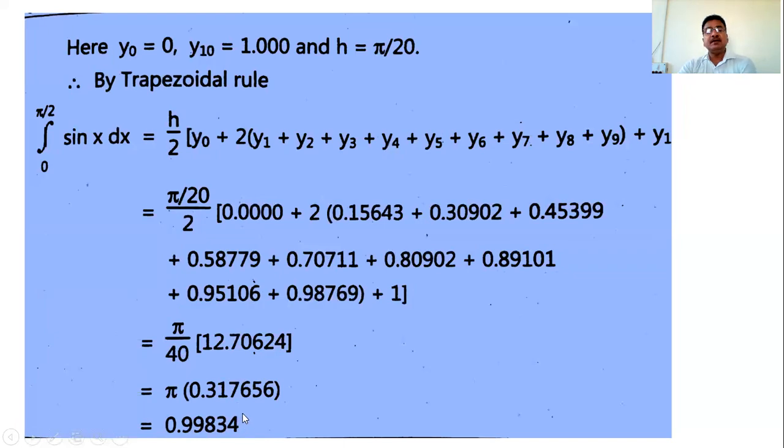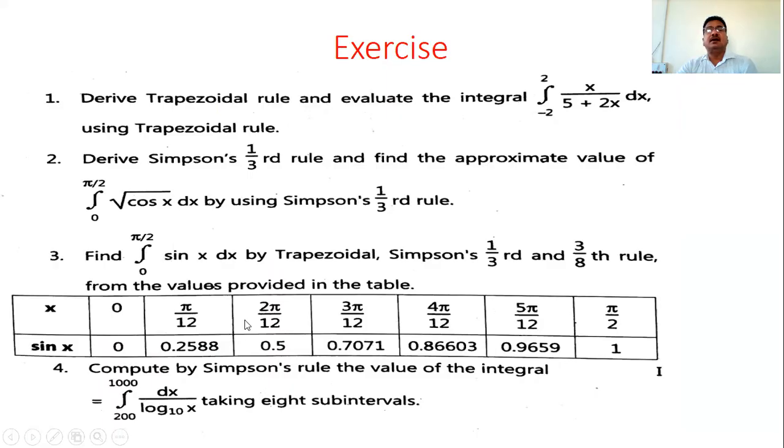We can also find the error. These are some exercise problems, and solve all these exercises. The first problem is to be evaluated by the trapezoidal rule. The number of sub intervals is not given, so take appropriate sub intervals. The second problem is on the 1/3 rule.